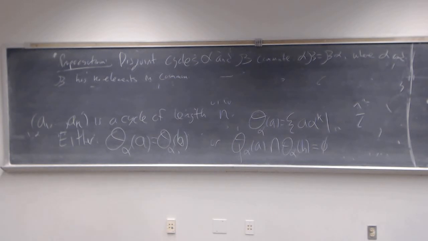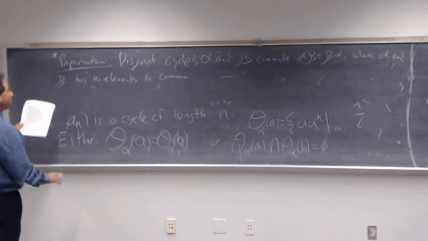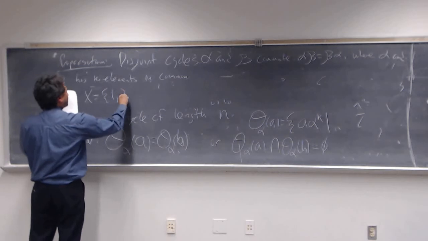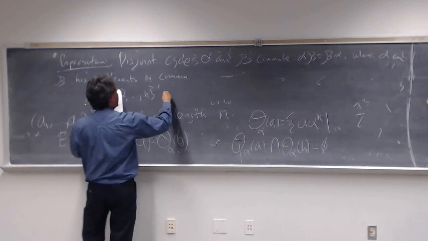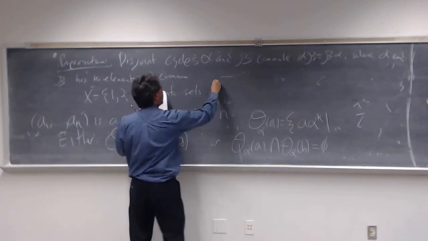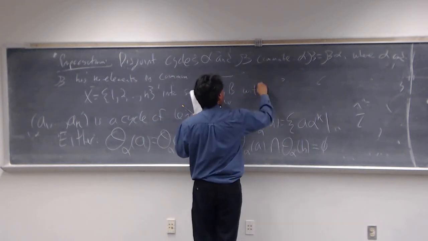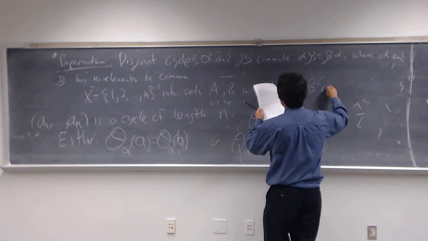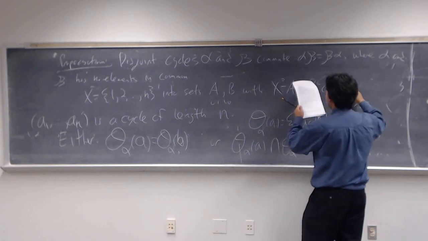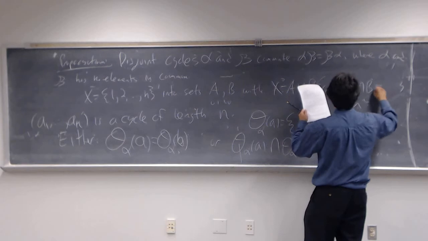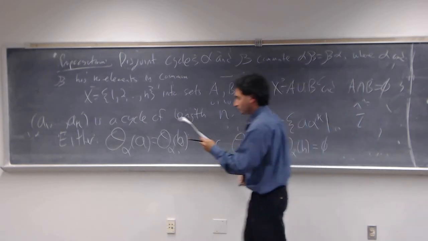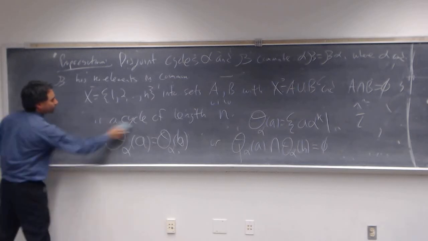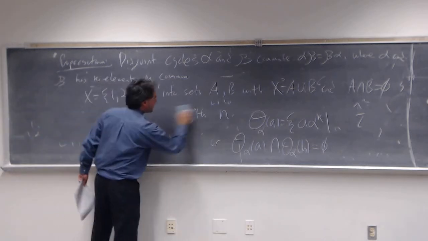Okay, so if there are no common elements in the cycles, we can split X into disjoint sets A and B, where every element is in either A or B in the union, and A intersect B is the empty set, with the following property.